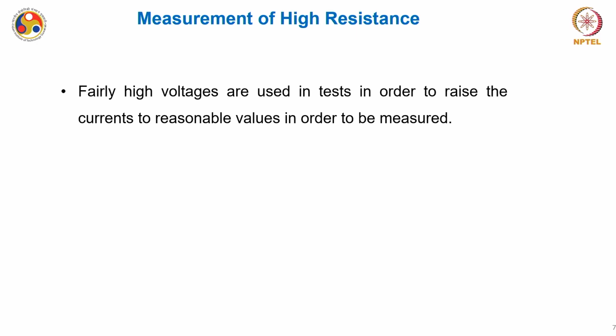Usually very high voltages are used in tests in order to raise the current to reasonable values that can be measured. One example we have just seen, where I increased the voltage from 10 volt to 10,000 volt, and even then the current I was trying to measure did not go beyond 1/1000 of the actual value.